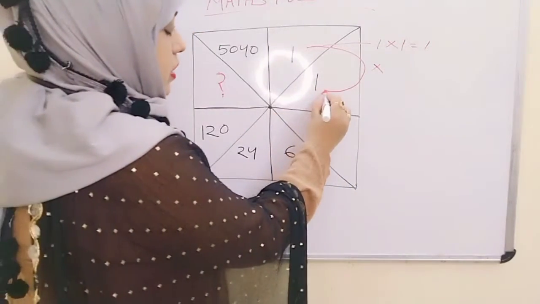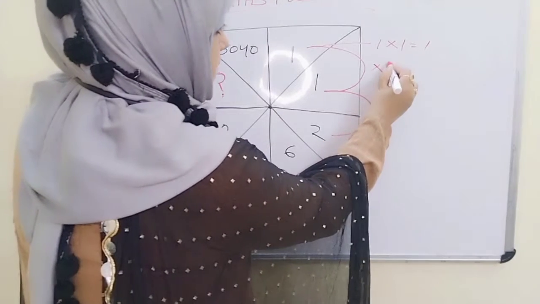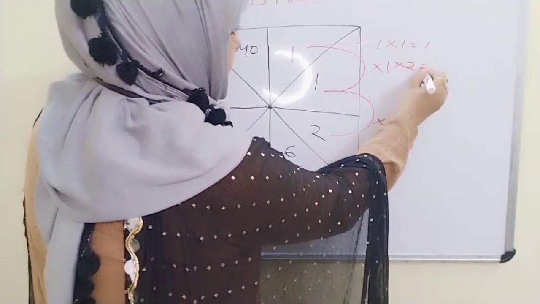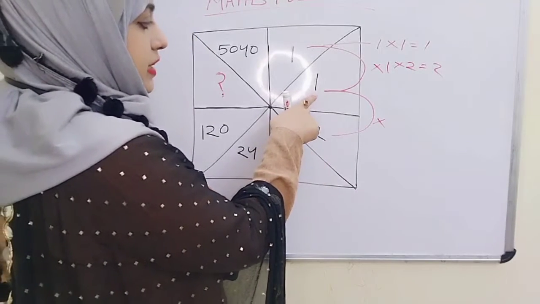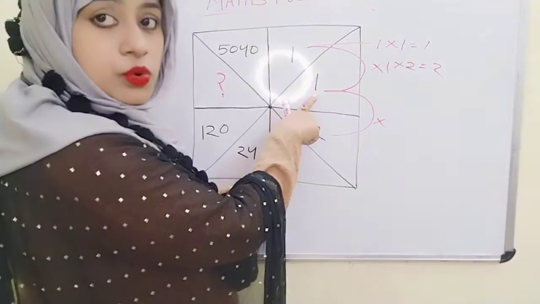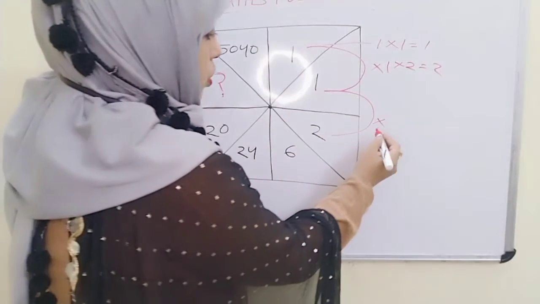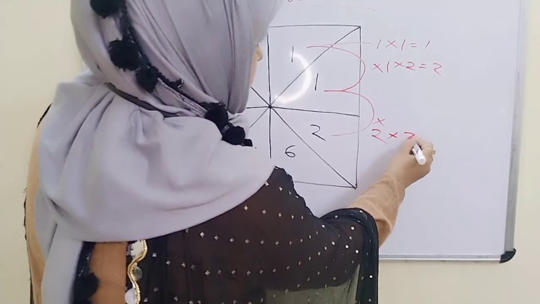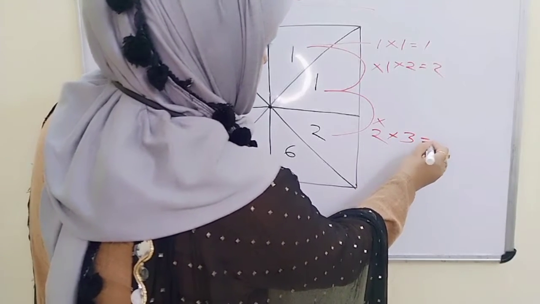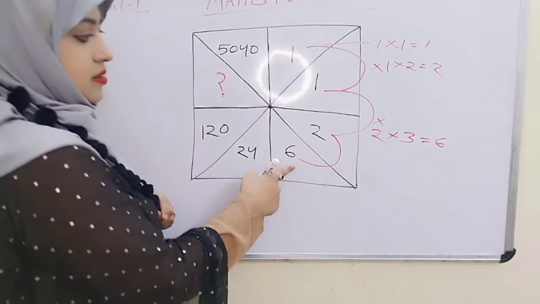So like this, when you multiply 1 by 2, you get 2 here. Okay, let's check here 2. So when you multiply 2 with 3, 3 twos are 6, so here is 6.